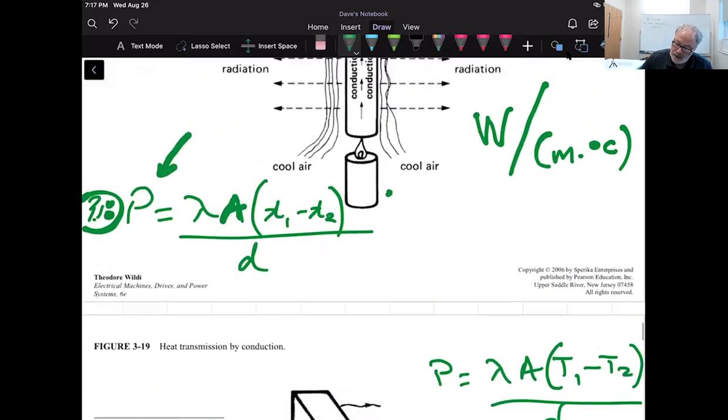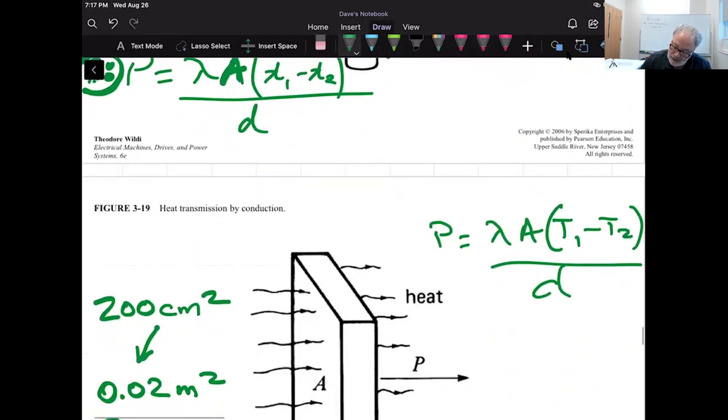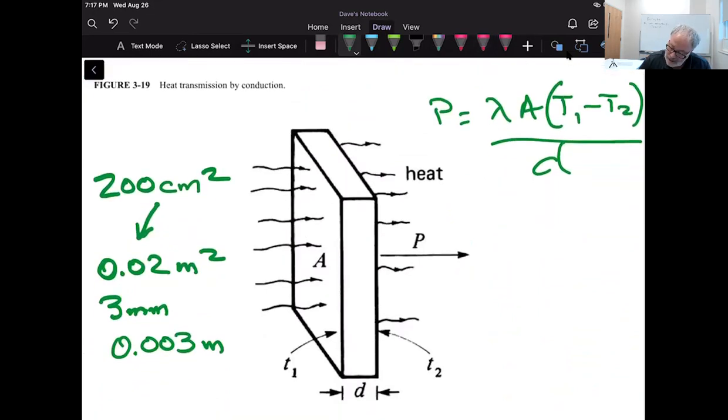Now back here when we were looking at the table, we came up with this value of 0.36 for this mica. And so now let's plug in here and see what we can come up with. Here's our formula, 0.36. Here is our area, and it's 0.02.